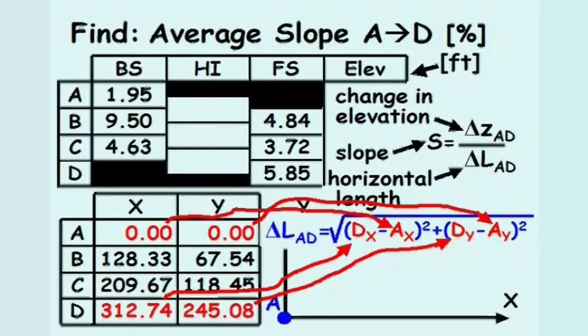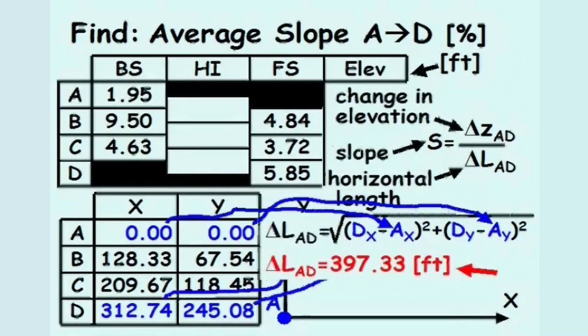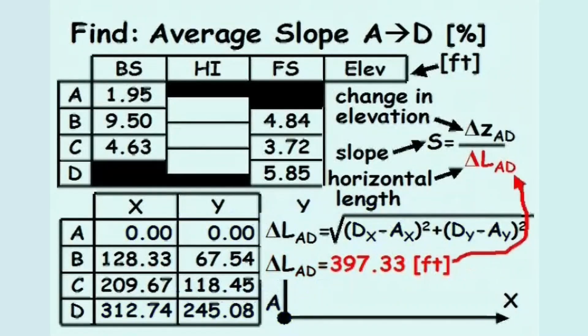After plugging in these values, we find the change in the horizontal length between points A and D equals 397.33 feet. This length will be the denominator in our quotient to calculate the average slope.